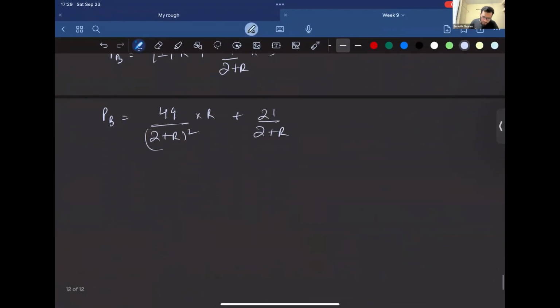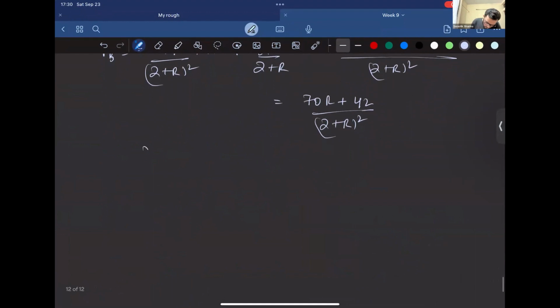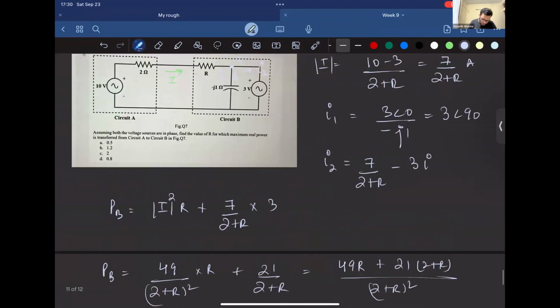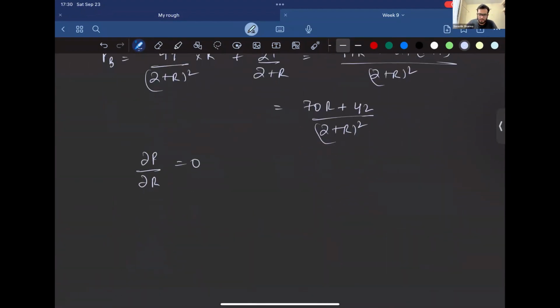And for the maximum, you can also write it as 49R plus 21 is 70R plus 42 upon (2 plus R) squared, right? So we are required to find the value of R, right?